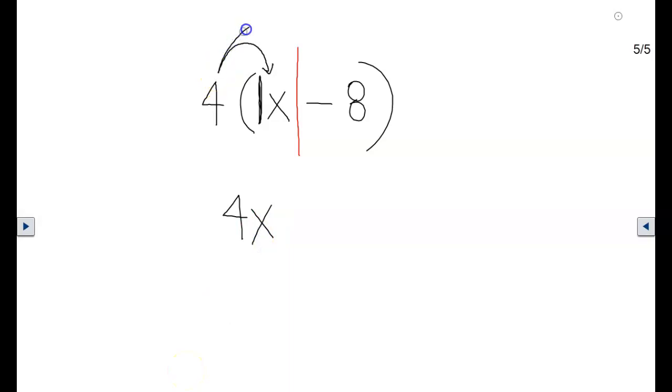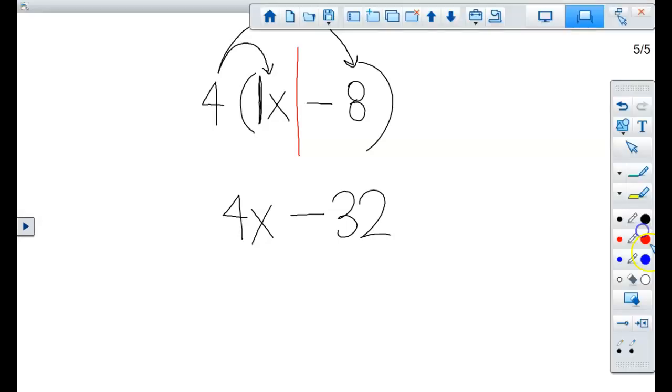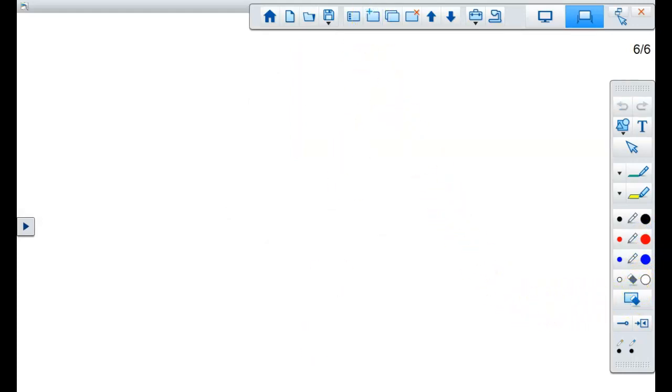And then on the second part, we're doing 4 times negative 8, which is negative 32. So I write a minus because it's a negative 32. And notice every single time I get the answer that I want. I don't wind up with any double signs. I don't have to worry about the whole keep it, change it mess.